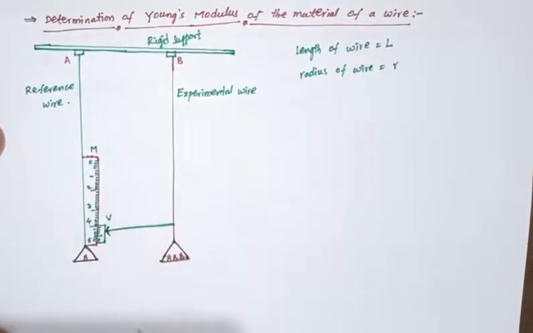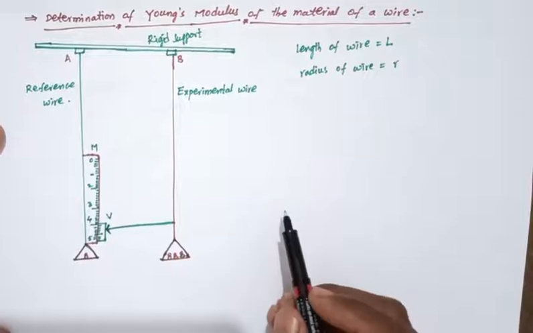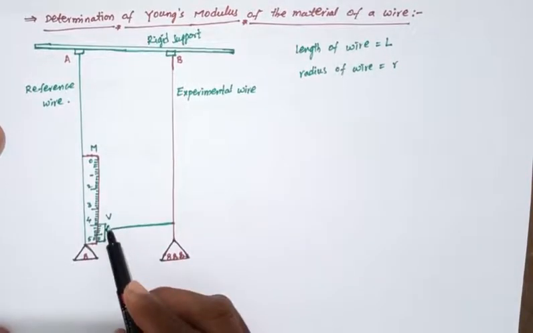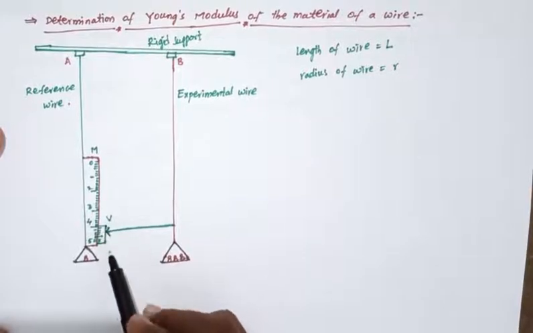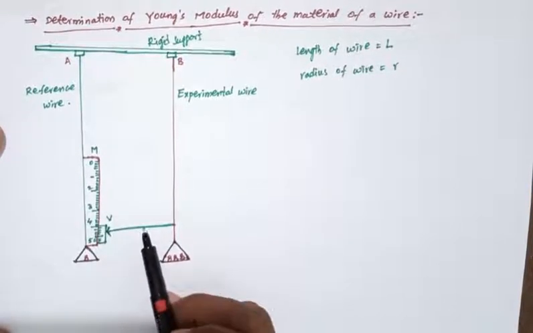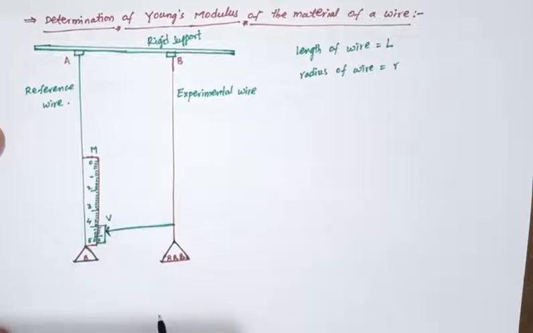So what is the elongation? This pointer gives us the elongation, the change in the length.